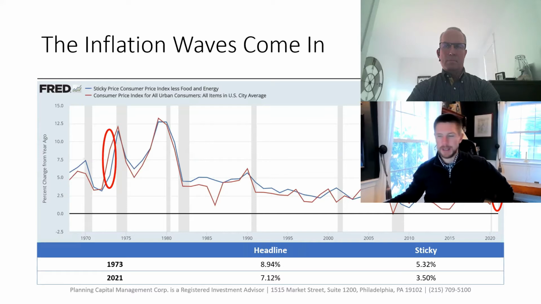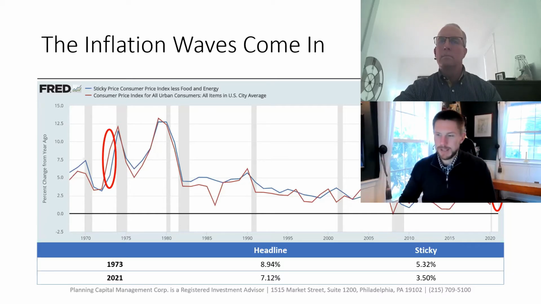And really, the reasoning is that food and energy are just seen as a little bit more volatile, and you can sort of see it in these charts. The red line, the headline inflation, tends to be a little more volatile with food and energy, and the sticky inflation, which is a term you may see used in different news articles, tends to run a little bit smoother.